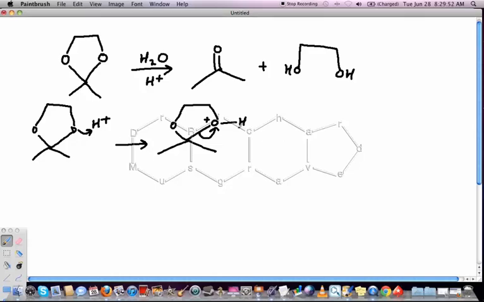As a rule of thumb, whenever you form an O+, chances are a bond is going to break to that oxygen, and that bond is usually going to be different to the bond that you actually formed, the extra bond that caused the plus in the first place. And this is the natural one to break.